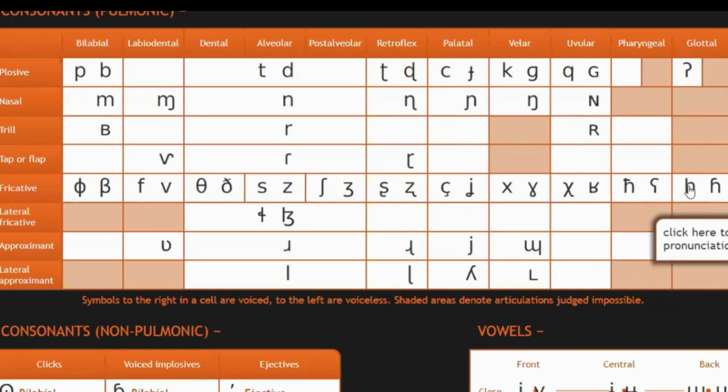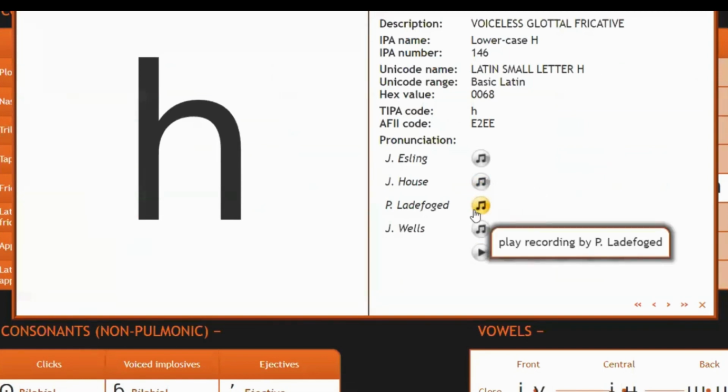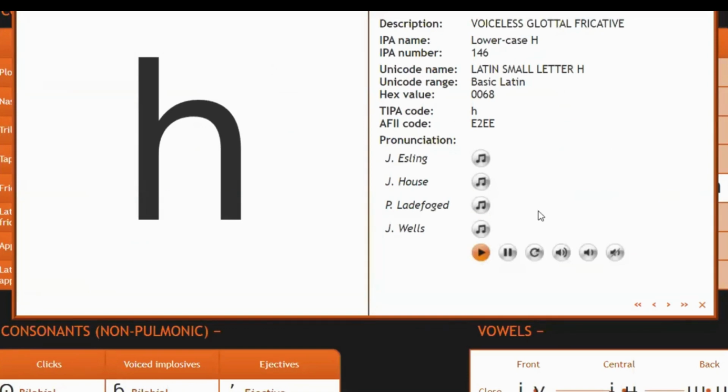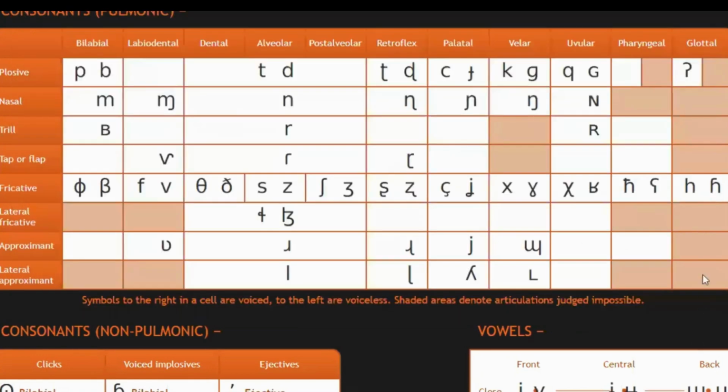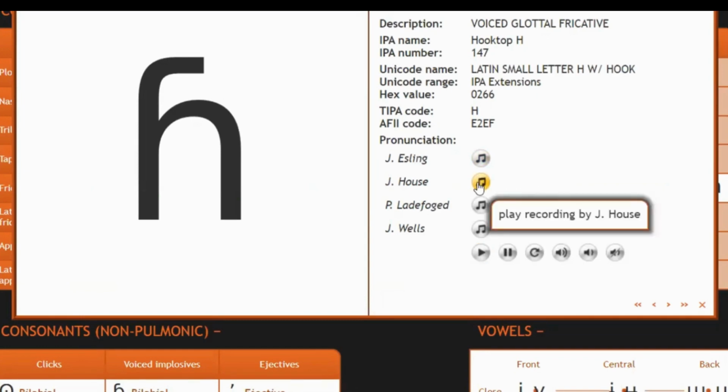Then we have our voiceless fricative. Ha, ha. And the voiced. Ha, ha.